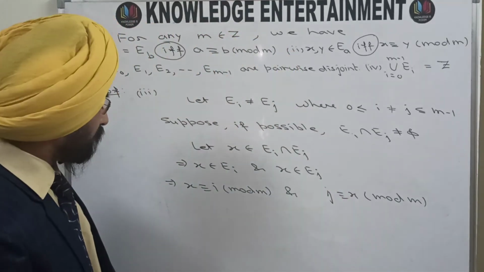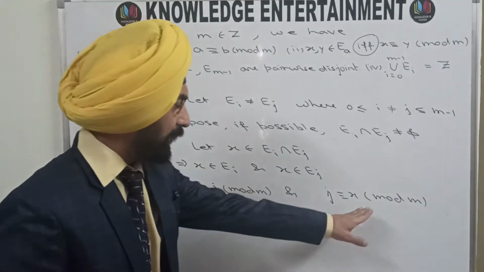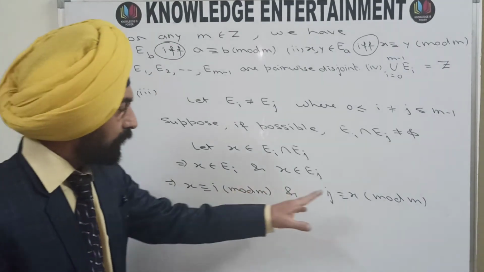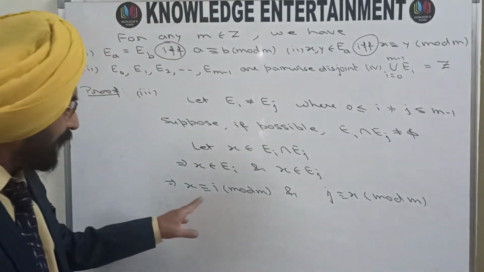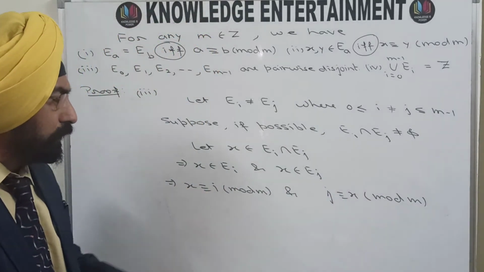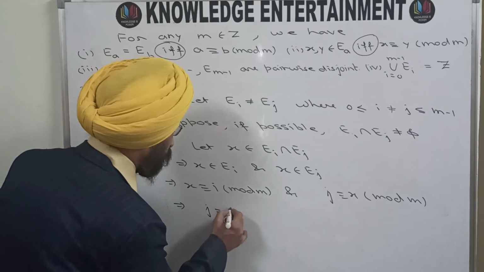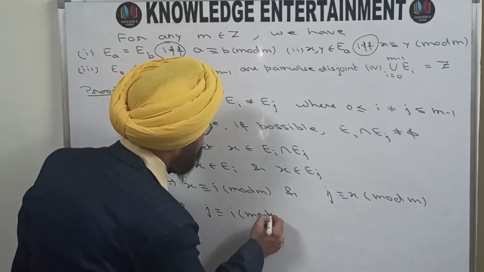And now use transitivity. You first read this and then come on to this. j is congruent to x and x is congruent to i means j is congruent to i. j is congruent to i mod m.